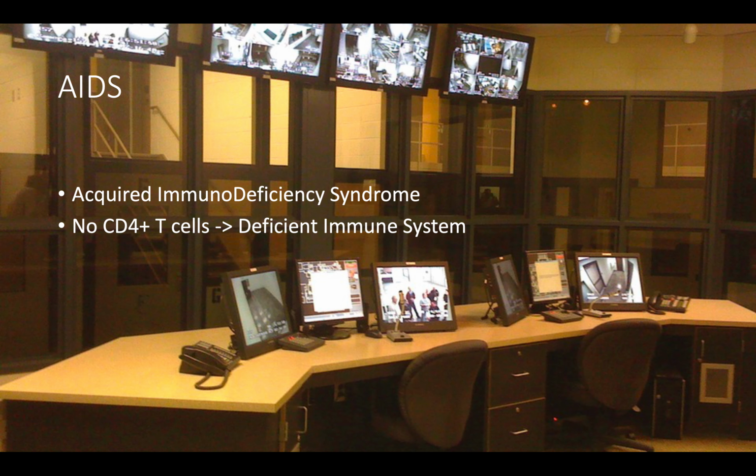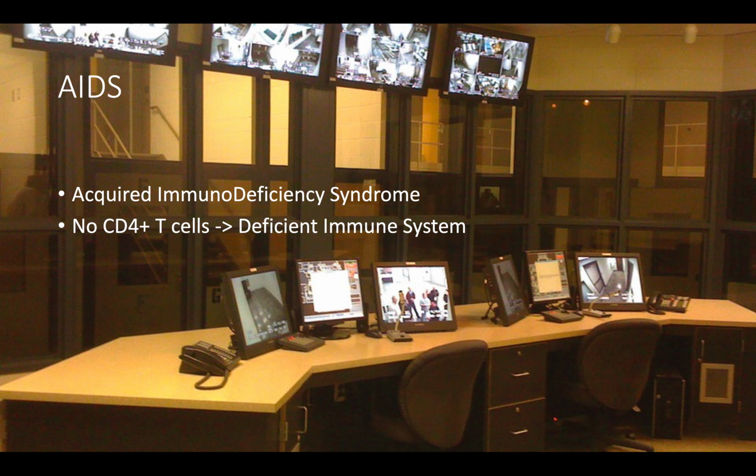One important distinction between AIDS and HIV is that AIDS is a condition, while HIV is actually just a virus. Left untreated, an HIV infection will become AIDS, the condition, once the CD4 positive T cells are gone or substantially decreased in number.